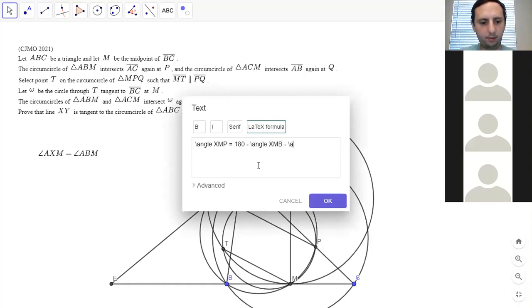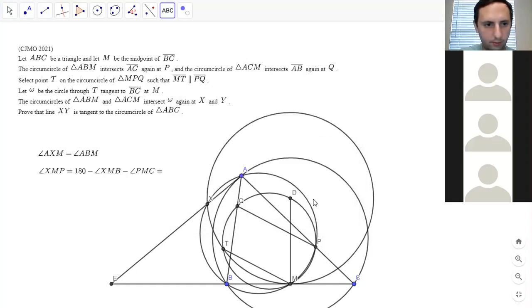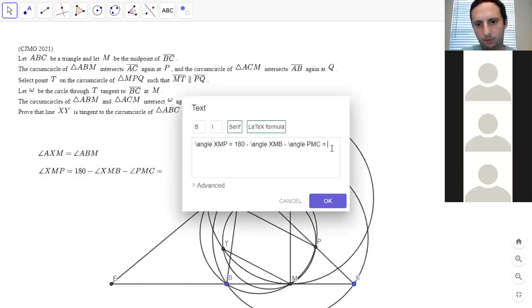angle PMC, which is 180 minus XMB, is angle XTM. So that's angle XTM minus angle A. Sorry, I might be doing some of this wrong.